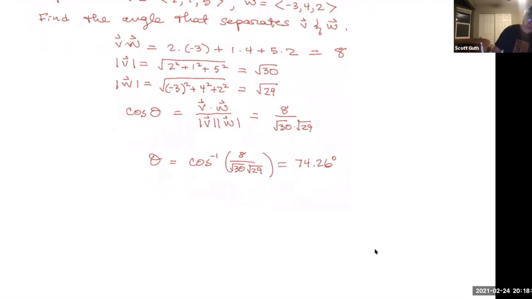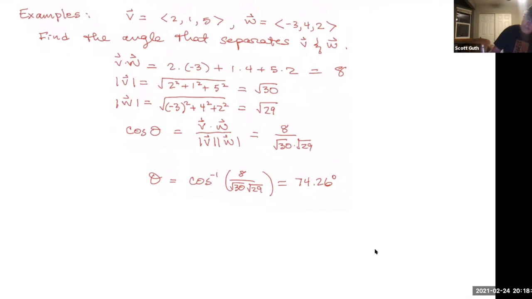You might note that cos inverse outputs from 0 to 180.